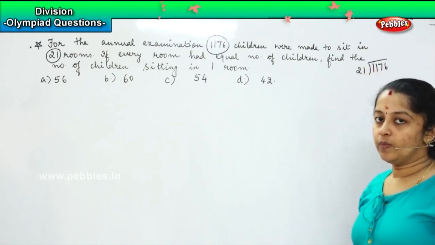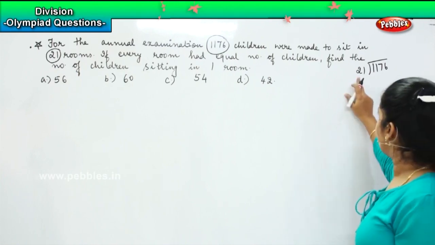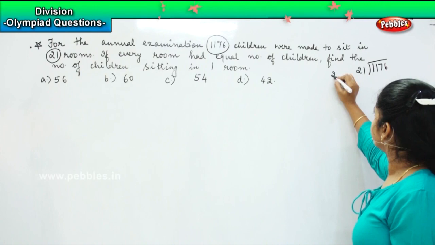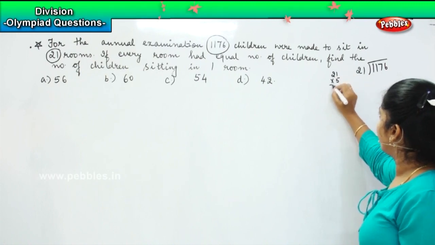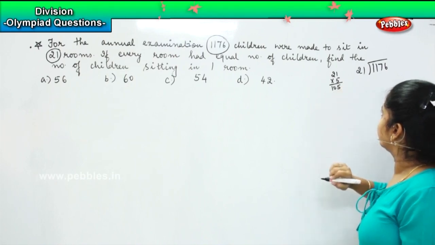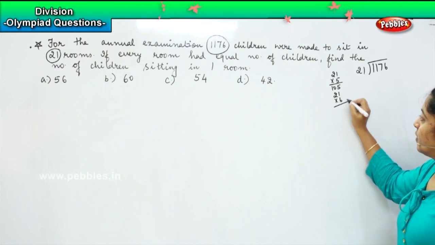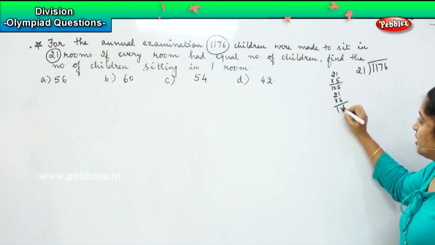Okay, so now we will be multiplying and seeing the value. So let's see 21 into 5. 1 5 is 5, 2 5s are 10. Okay, we know that 21 into 6, 1 6 is 6, 2 6s are 12.